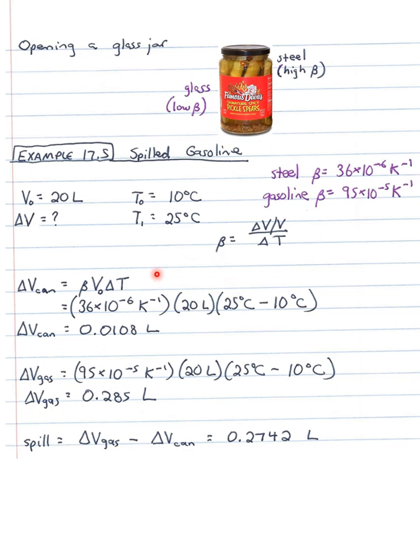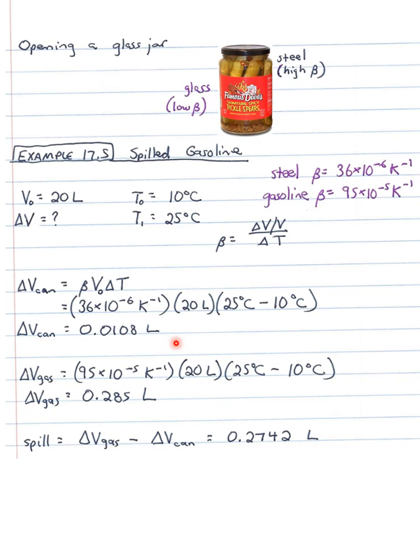The change in volume of the can is beta V0 times delta T, and that comes from this expression where my pointer's at. So we have beta times 20 liters times the change in temperature. And let's be mindful of units. Since it's given in liters, I don't feel like we need to translate that to cubic meters. Let's just keep it in liters.